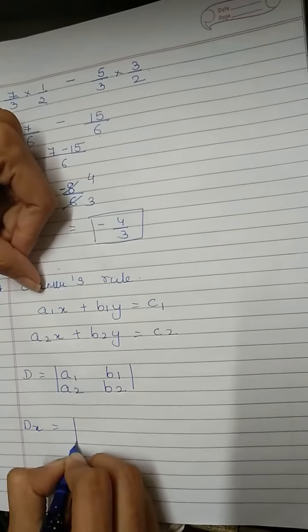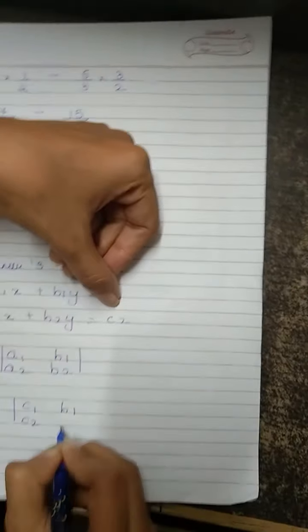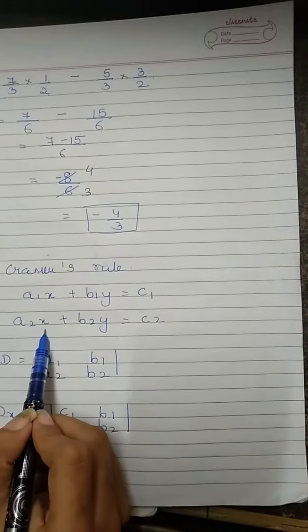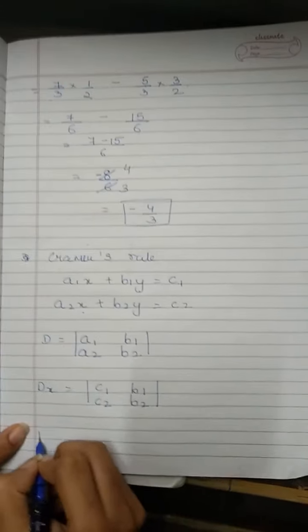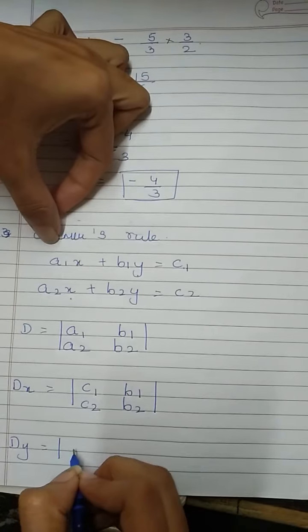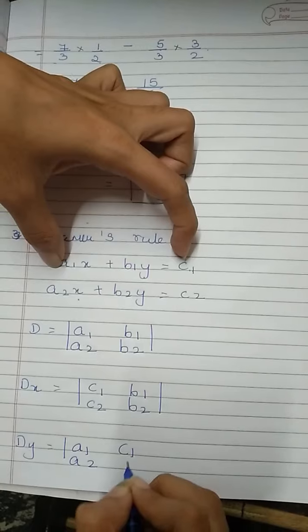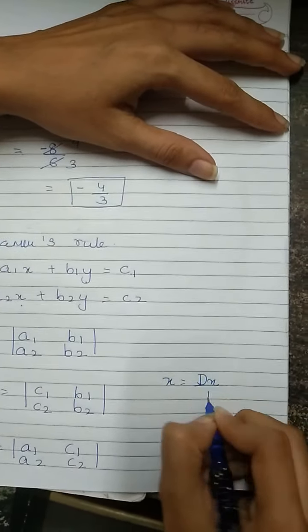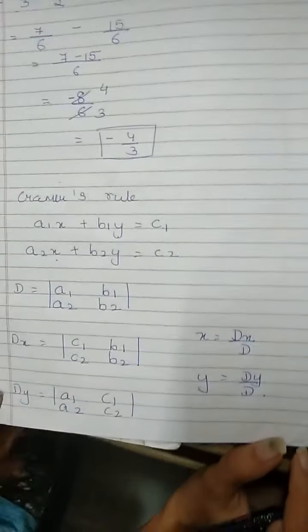For Dx, eliminate the x term and consider the constants c1, c2 and the y coefficients: c1 b1 c2 b2. For Dy, eliminate variable y and consider the x coefficients and constants: a1 c1 a2 c2. To find x, the formula is Dx upon D. To find y, the formula is Dy upon D. This is Cramer's rule formula.